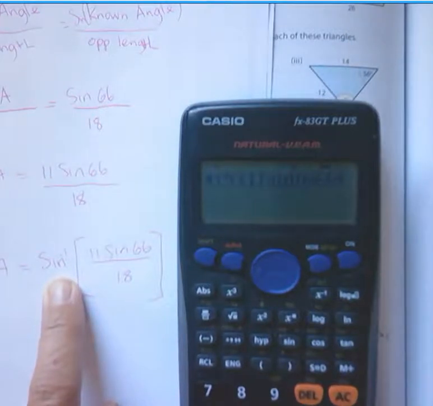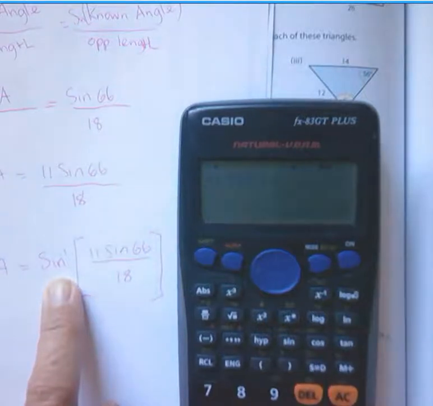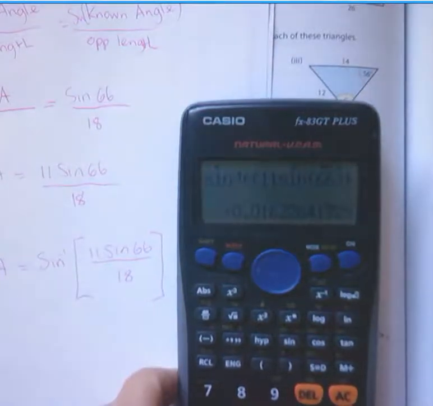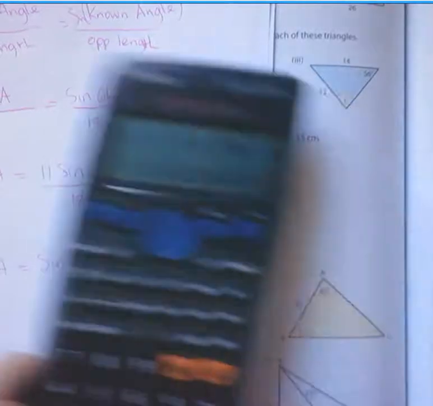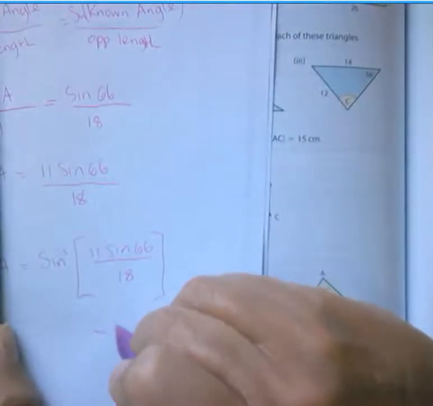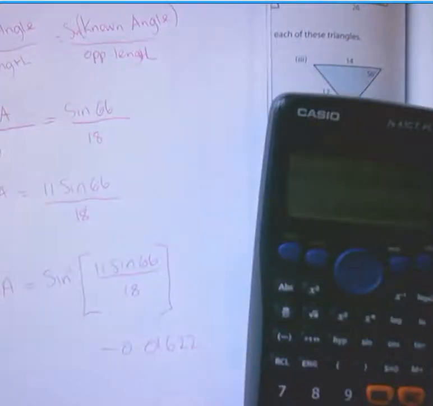All divided by 18. Close your bracket. Equals. And it tells us minus 0.0162. So I think I have done something wrong.